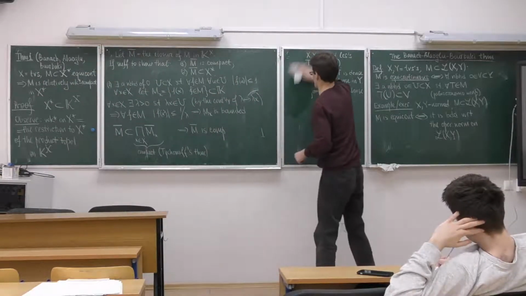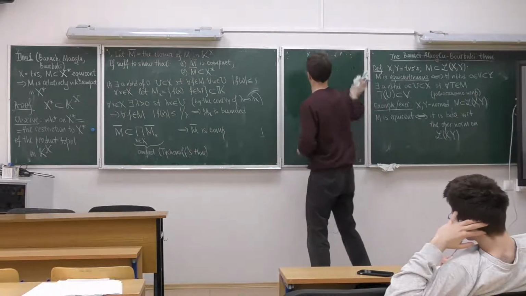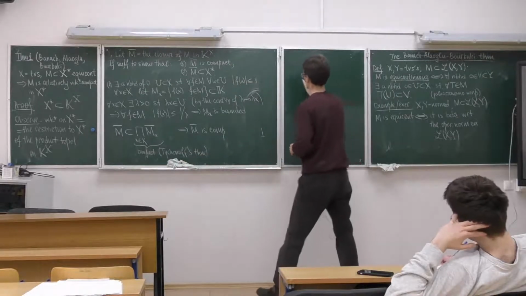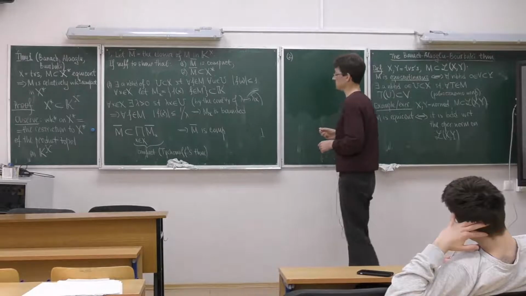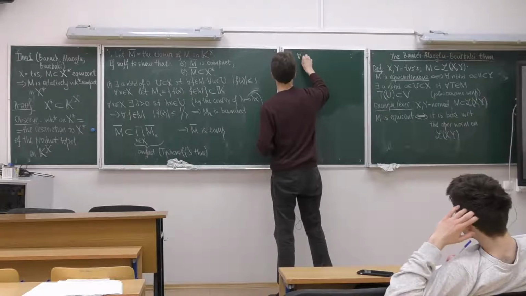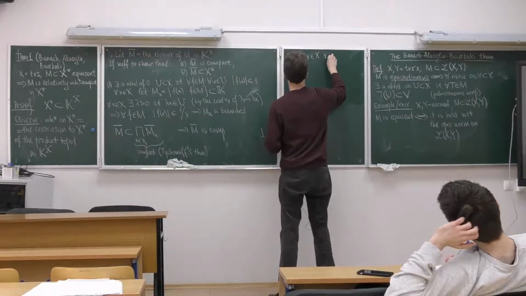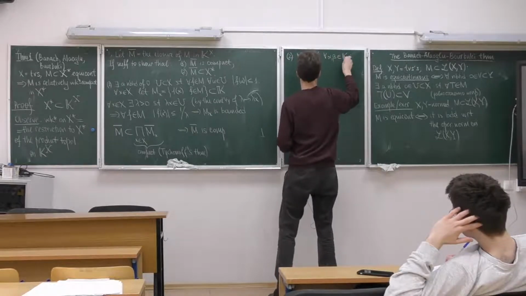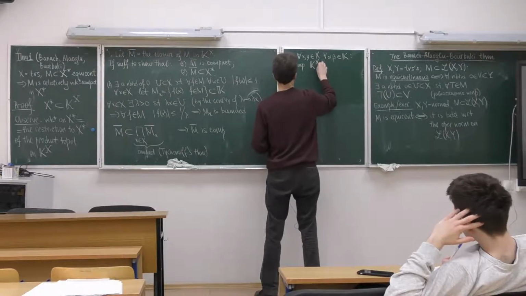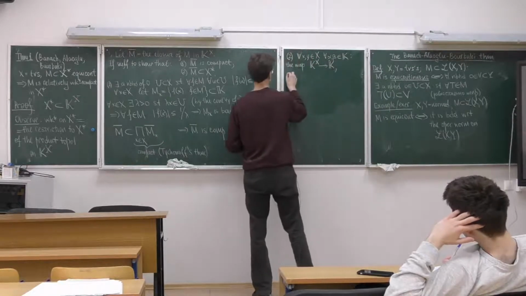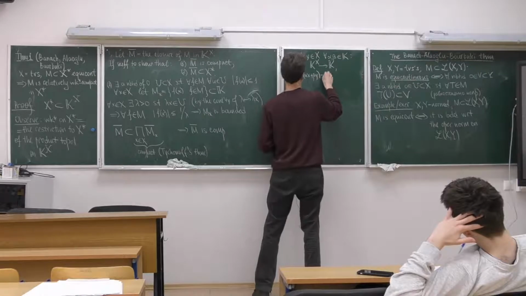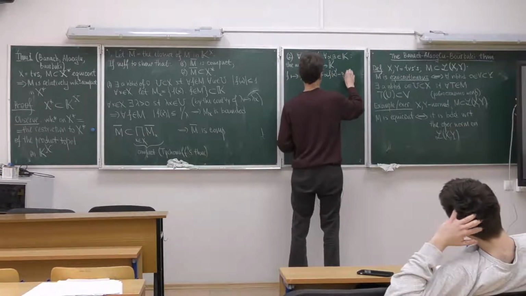And now we have to show that actually this set, the closure, so we're taking closure in K to the power X, actually consists of continuous linear functionals. Why is it so? First of all, if we take any two elements x and y in X, and any two numbers alpha and beta, we can consider the following map. The map from K to the power X to K, which takes f to f of alpha x plus beta y minus alpha f of x minus beta f of y.